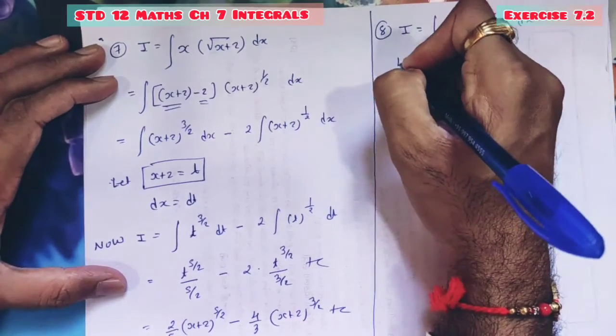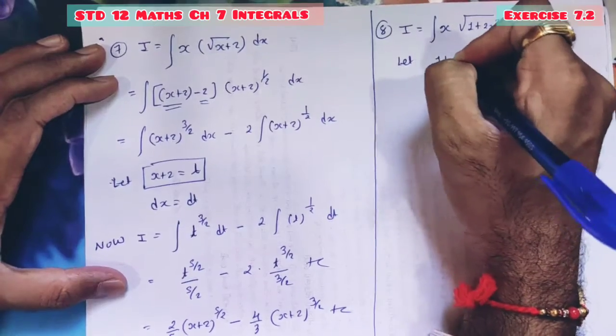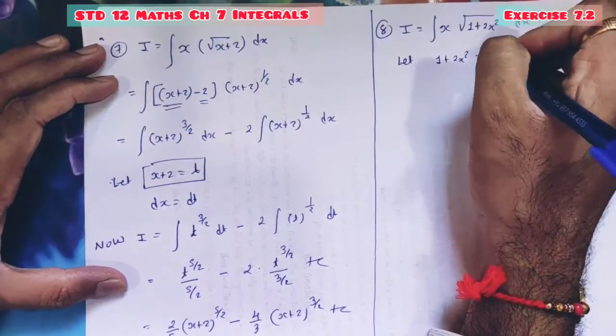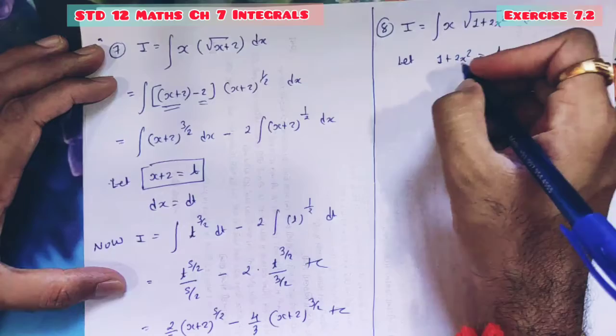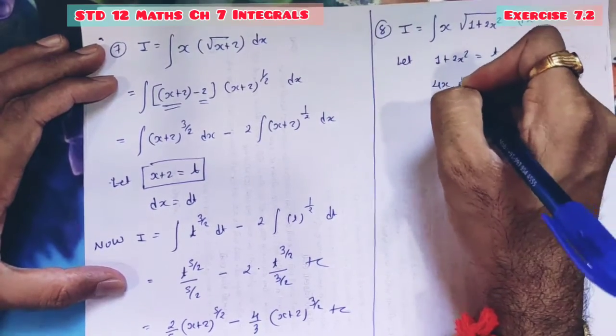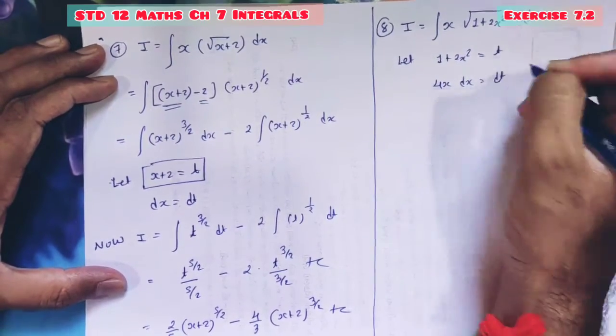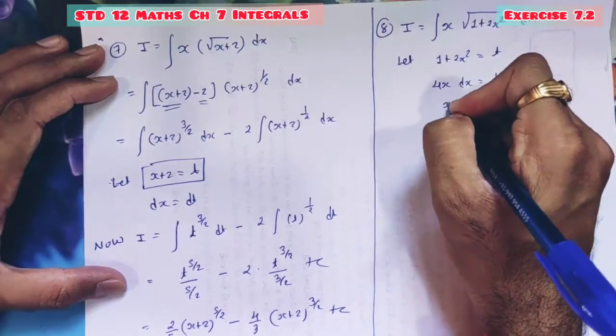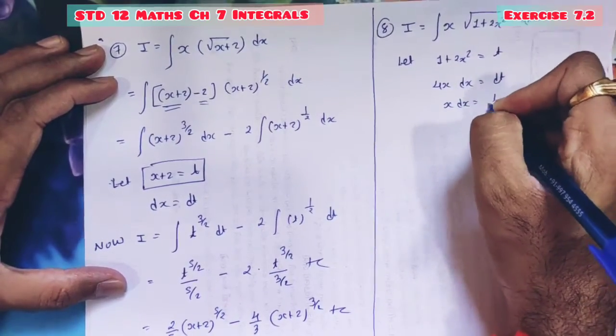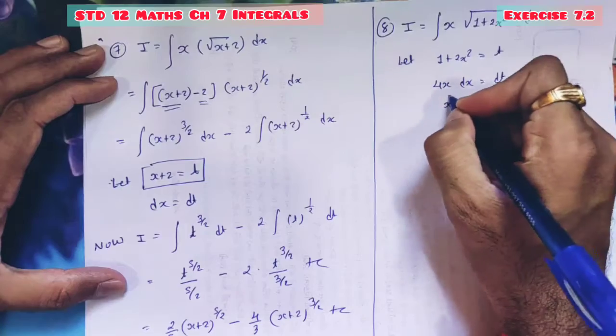So let the square root term 1 plus 2x square equal to t. Differentiate on both sides. So we are getting 4x dx equal to dt. So we are getting x dx equal to 1 upon 4 dt, or we can say dt by 4.